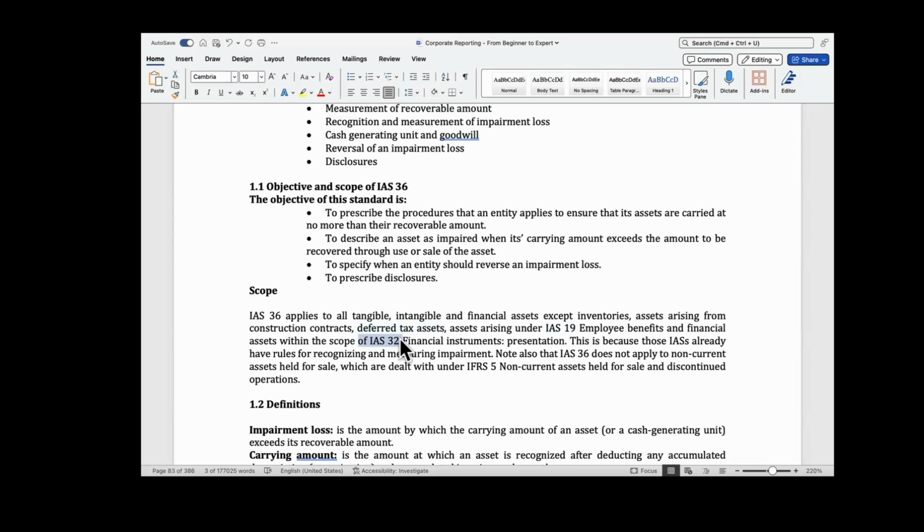So there are some aspects of financial assets that are dealt with by the standard on financial instruments. And also there's a standard called IFRS 5 on non-current assets held for sale. IAS 36 does not apply to this standard also. So these standards have actually been scoped out from IAS 36.